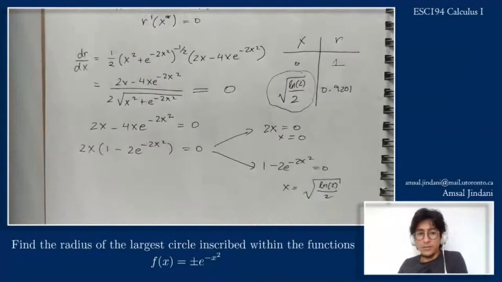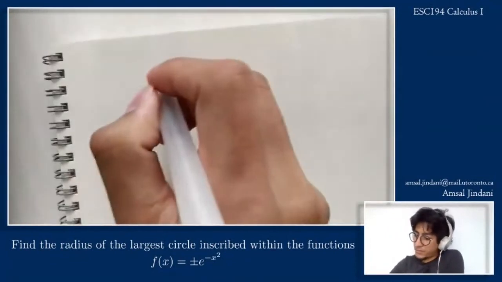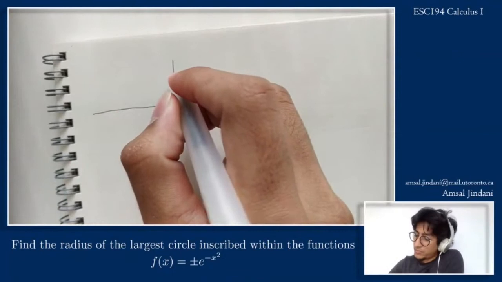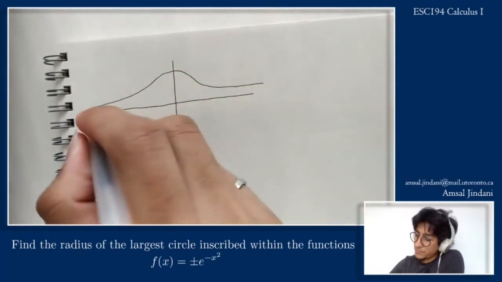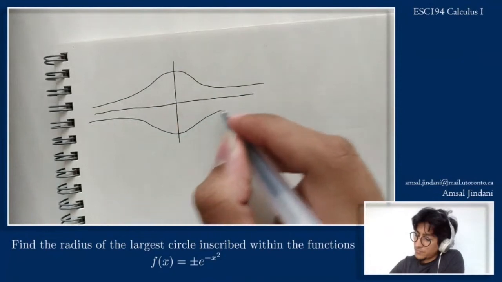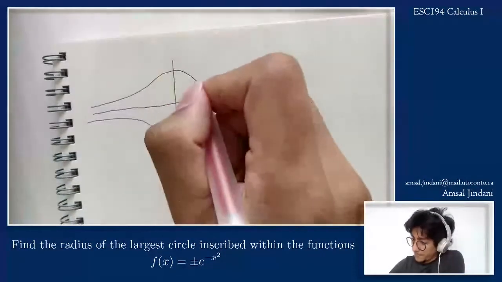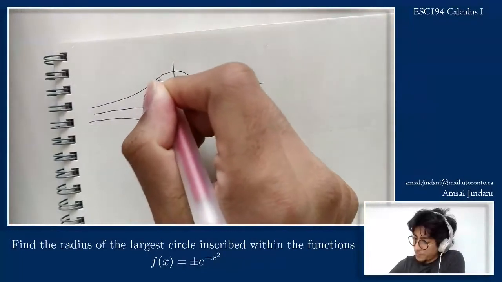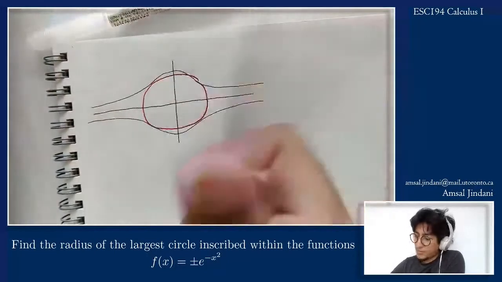And maybe I can draw a small drawing of how that's going to look. So we have this. It's going to be our function. And then that's our circle.